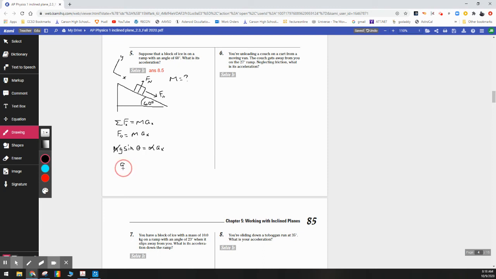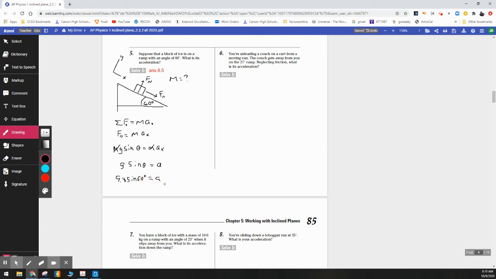So this ends up being g sine of theta. And this should look very familiar to a lab we did in class, where we're trying to measure g by using the ramp, right? All right, so we would go ahead and put in here 9.8, like so. And we will say sine of 60 degrees equals acceleration.